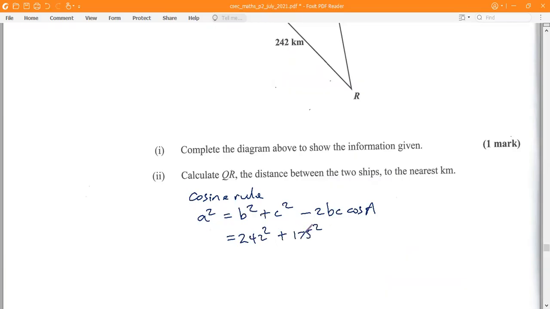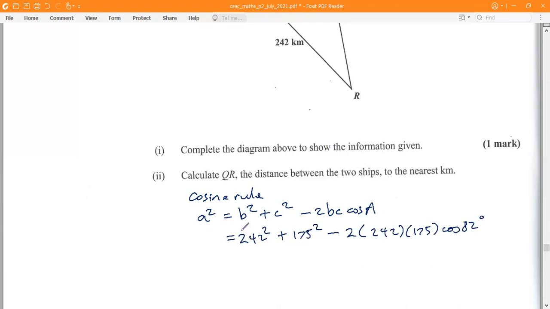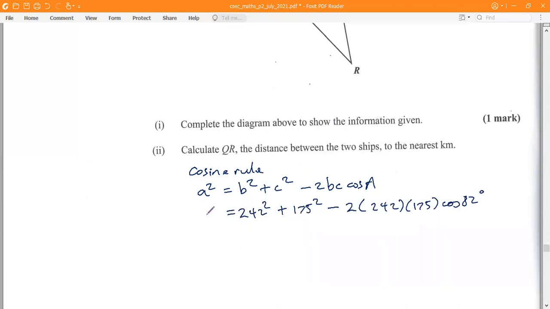You can interchange them and call C 242 if you want, and B 175. All right, so B is 242 and C is 175, cosine A, which is 82 degrees. This is our angle at H here. So this is A squared.